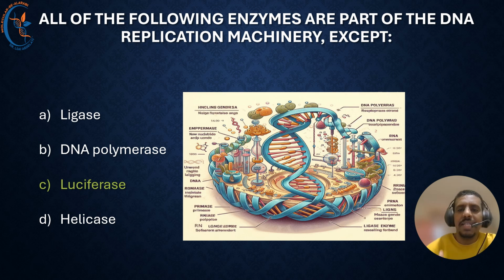Luciferase is an enzyme that catalyzes the bioluminescence reaction in some organisms and is not involved in DNA replication. The enzymes that are part of the DNA replication machinery include ligase, DNA polymerase, and helicase. Alright? So we have to pay attention to questions that contain the word except, because it changes the meaning of the question. Alright?